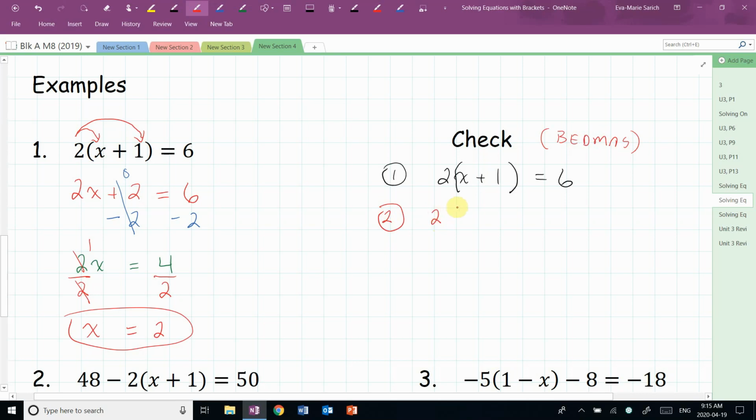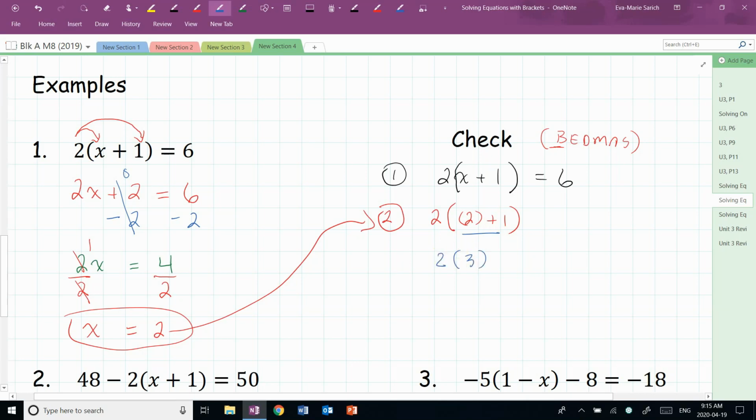So 2 bracket. Take the 2 and put it in where the x is. So we're going to have a 2 there plus 1 in our bracket. And now using BEDMAS, we need to do what's in brackets first. So we're going to add those numbers in the bracket. So 2 plus 1 gives us 3.